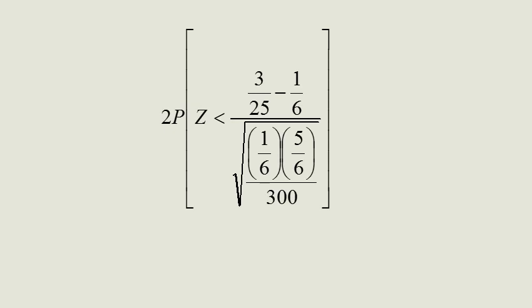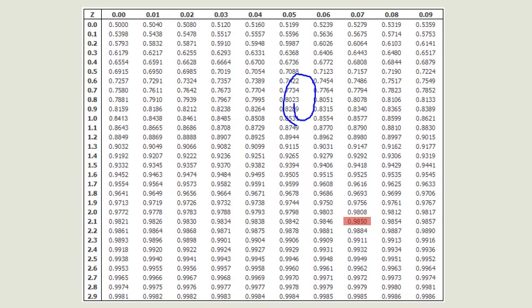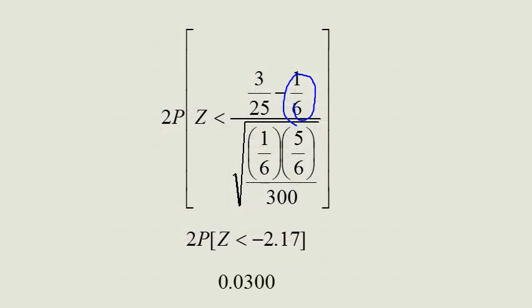Remember that p is assumed to be 1 over 6 in the null hypothesis. We get z less than negative 2.17. And looking in the z table, we see that the area in one tail is 1.5%. So the p-value is 3%.